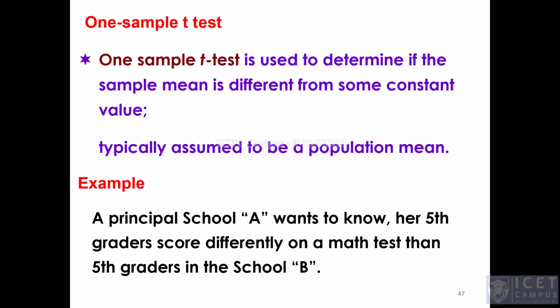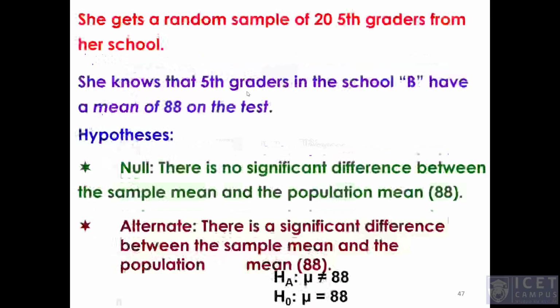Then he wants to compare that with the mean marks of the other school. That is a constant value, so in that case we can use the one sample t-test. The other two types, paired sample and independent sample t-test, are not valid in that case, right?